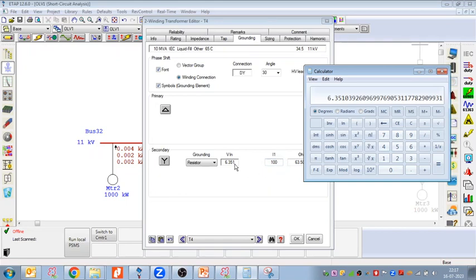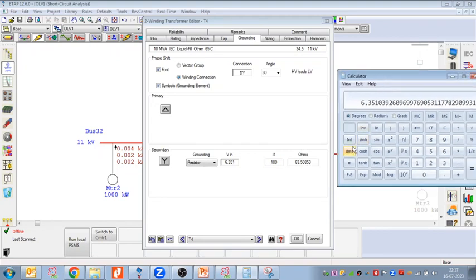So we can simply apply Ohm's law and calculate the ohmic value of the resistance. Simple, V is equal to IR. So R we can calculate.